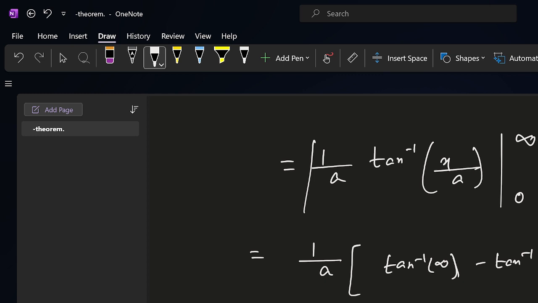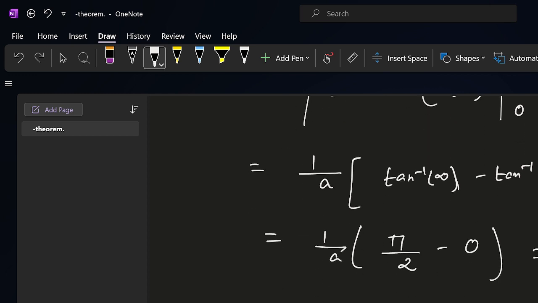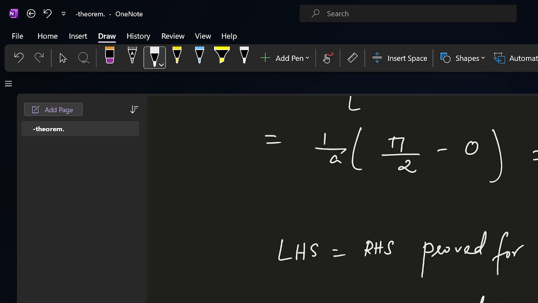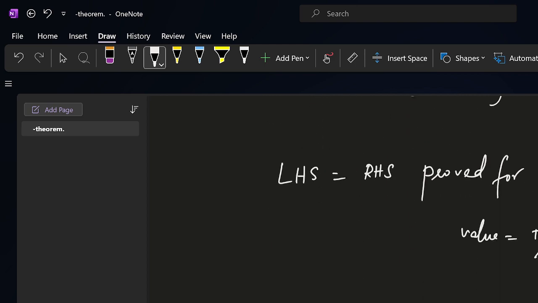And tan inverse is 0 when the argument is 0, because cos 0 is 1 and sin 0 is 0. So it is again pi by 2a. So we have just derived that LHS equals RHS is proved for the particular function we were given, 1 by x squared plus a squared, and the value is calculated as pi by 2a. Okay, so the first part has been done.